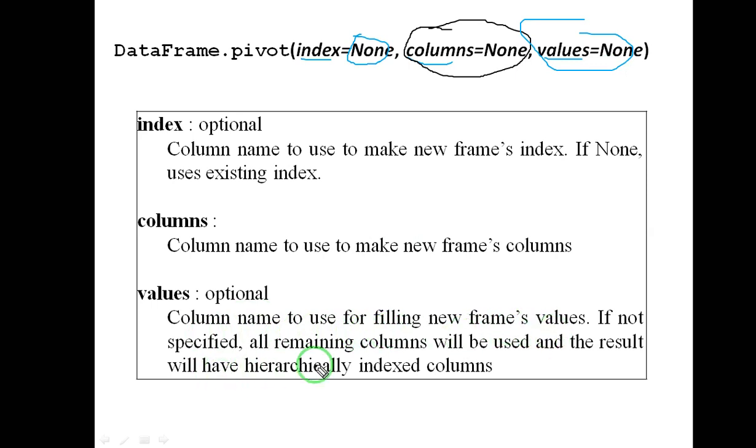If not specified, all remaining columns will be used and the result will be hierarchically indexed columns. The pivot table will create a new data frame whose rows and column indices are the unique values of the respective parameters. The cell values of the new table are taken from the column given as the value parameter.